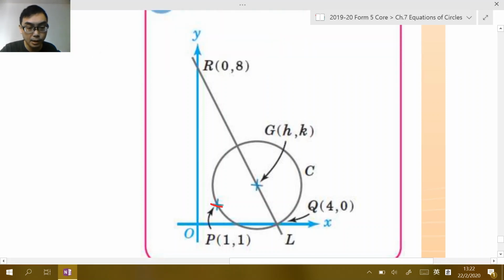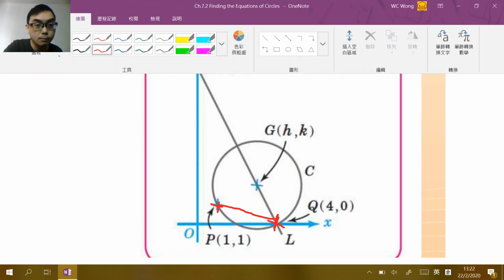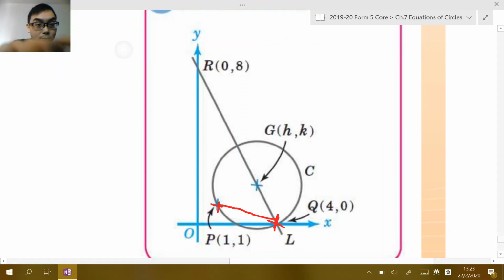First of all, P and Q are 2 points on the circle. But now I would like to give you an insight: if I join PQ, and then now I draw a special line on PQ, which is this line.